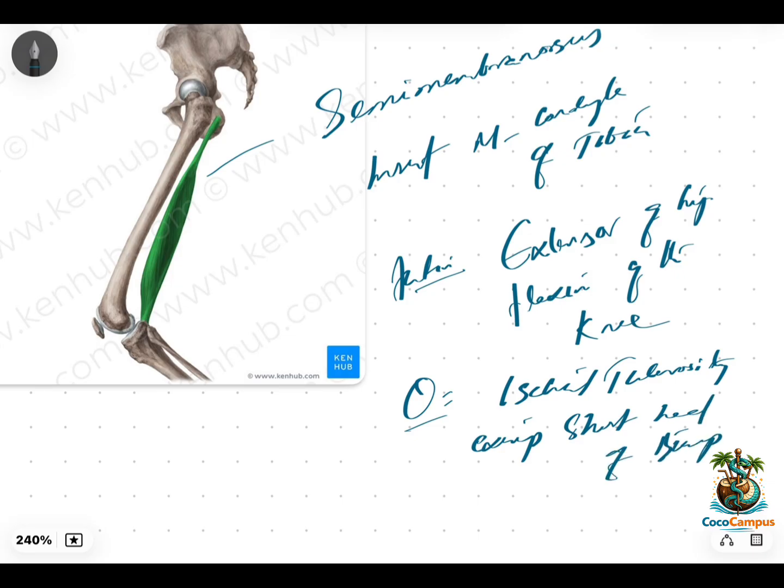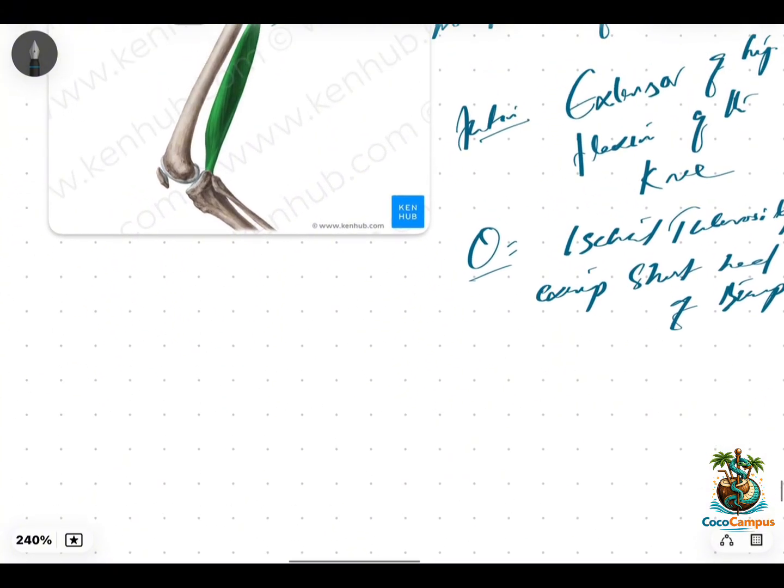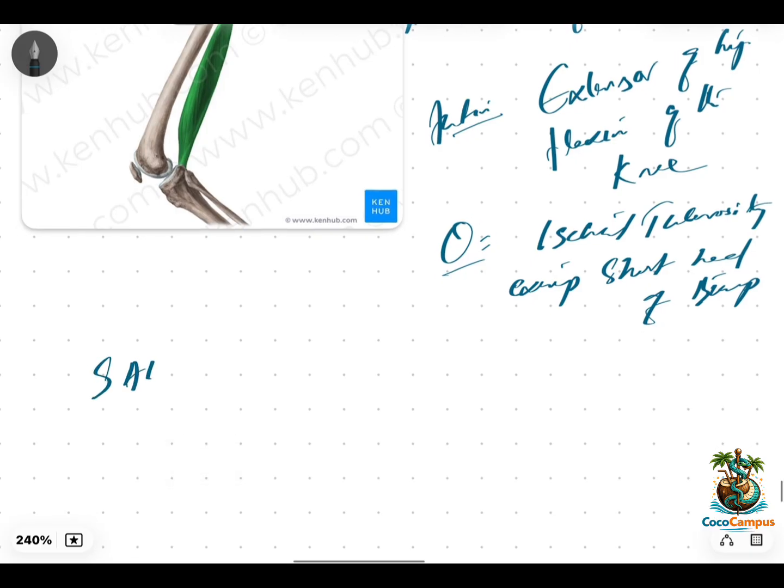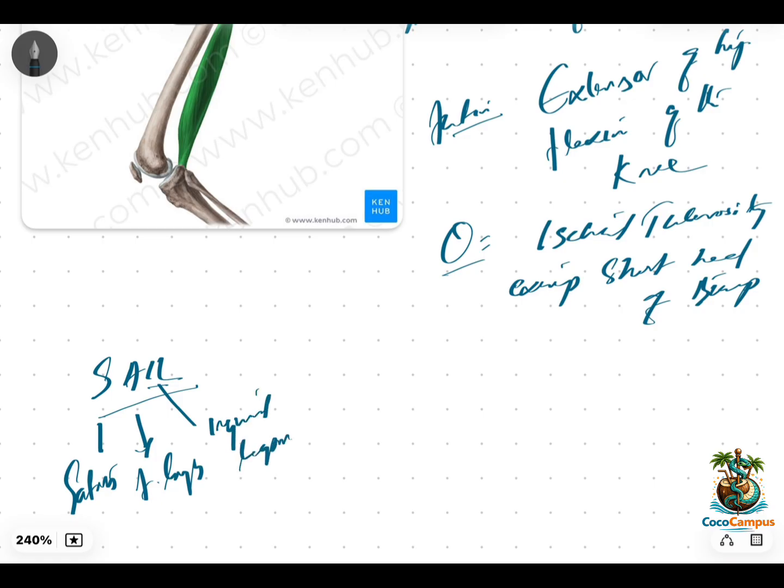Okay, now let us go to the money round, spaces and signs. The femoral triangle: SAIL. For boundaries, you have the sartorius, adductor longus, and inguinal ligament. SAIL, right? And for the femoral triangle, another thing to remember is NAVEL.